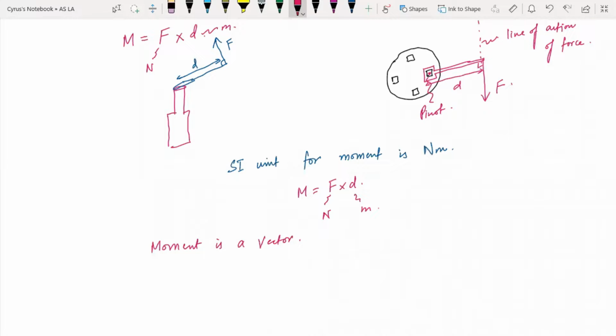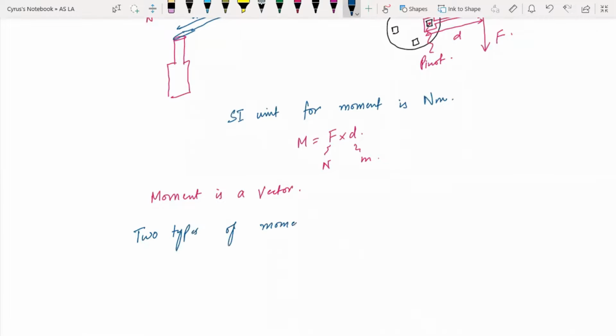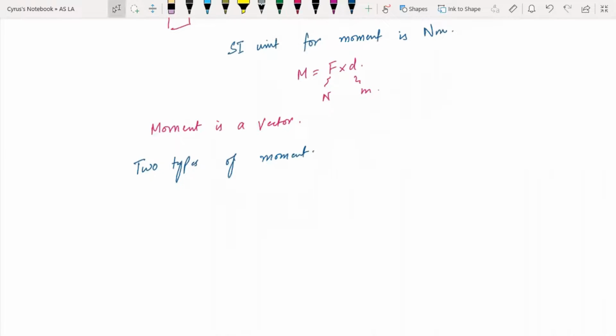You should also know that there are two types of moments. One is the clockwise moment and the other one is the anti-clockwise moment, right? So for example, you have a pivot here and you apply a force like this, which is perpendicular, and this is the distance D. This was the pivot that we had.